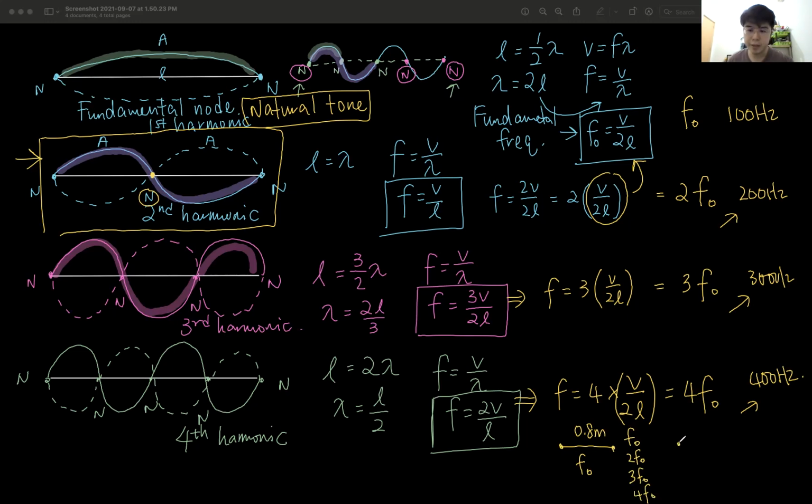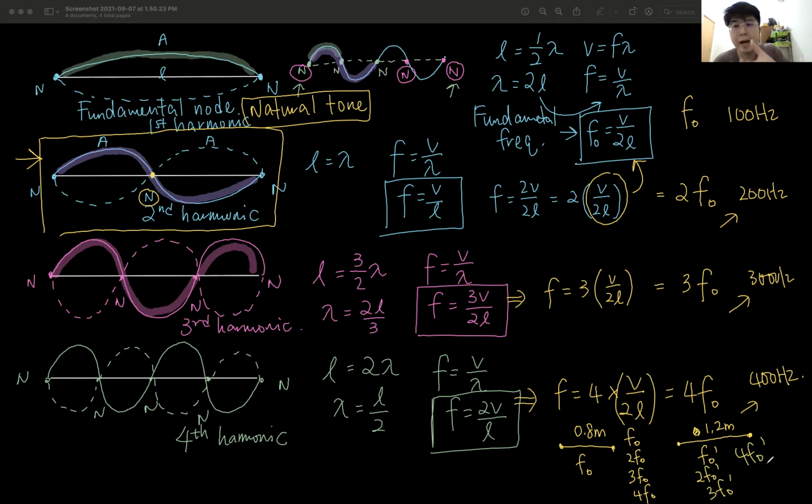If I take another string that is longer, 1.2 meter, then it has a certain fundamental frequency also, F naught prime. Different, okay? It's different from this one. When I pluck the string, it gives me F naught prime, 2 F naught prime, 3 F naught prime, 4 F naught prime.